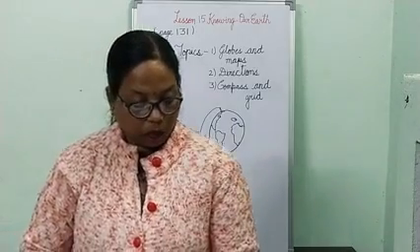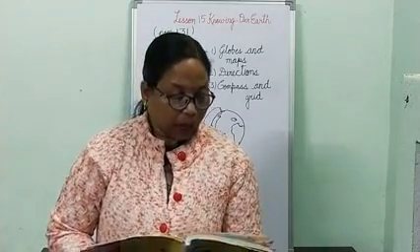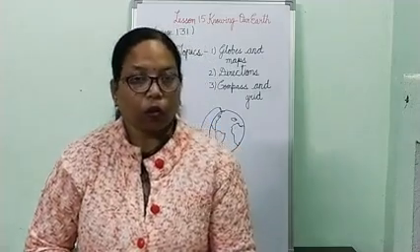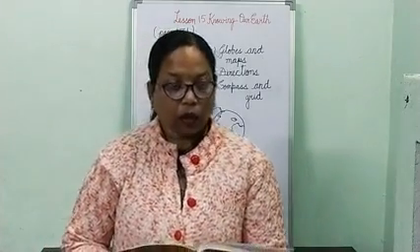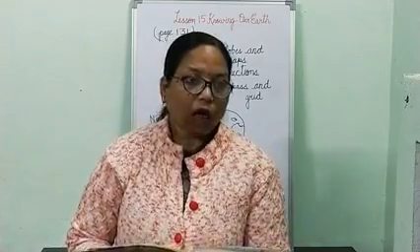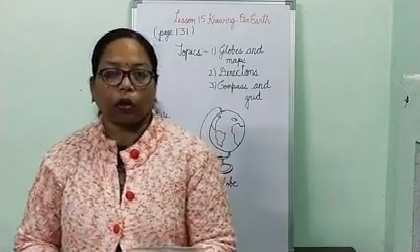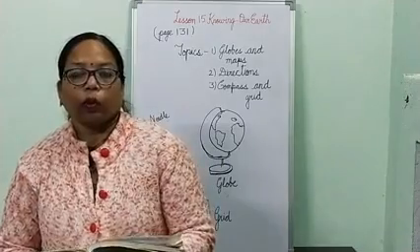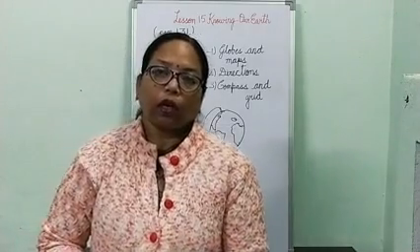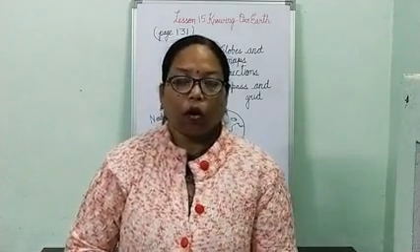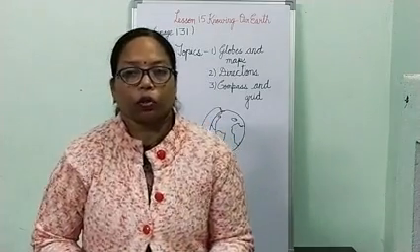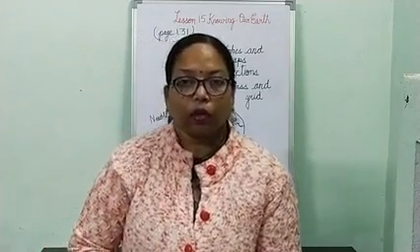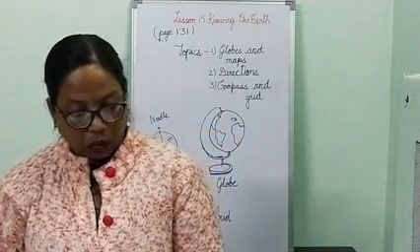A map which shows complete earth is called the world map. The world map shows all the land masses of the earth and all the water bodies such as oceans, seas, rivers, which are present on the earth.